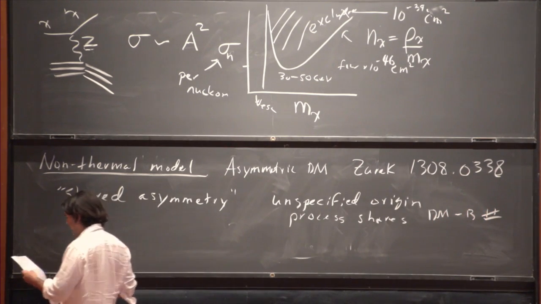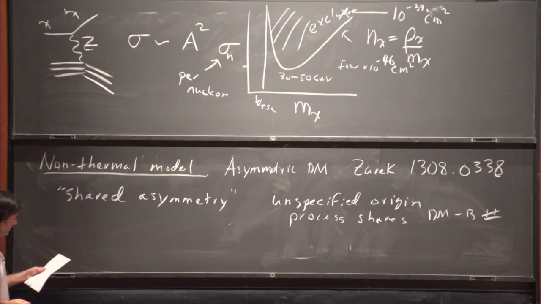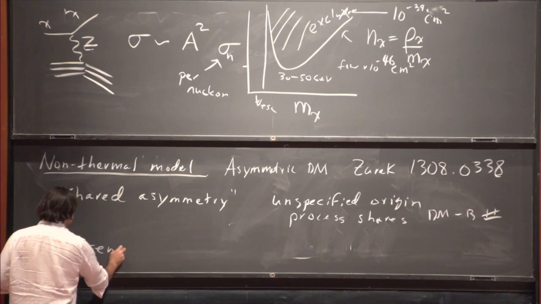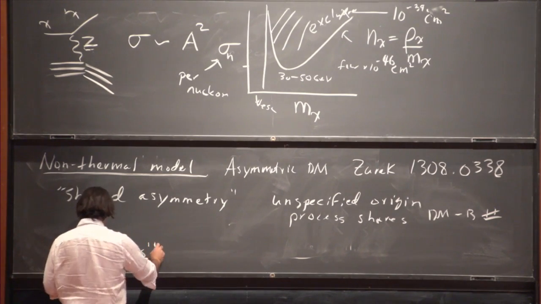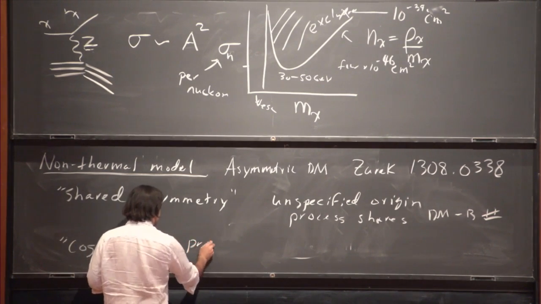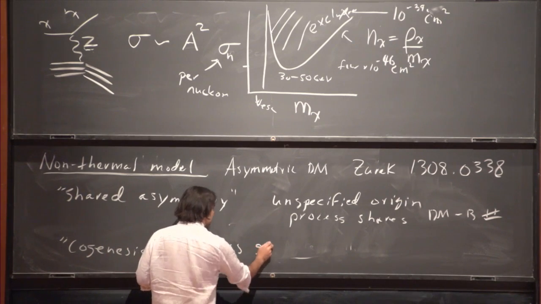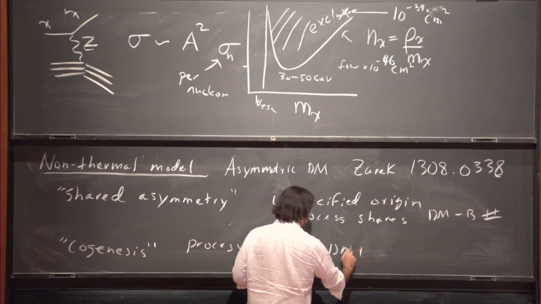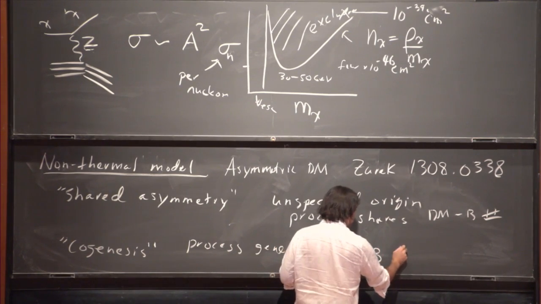And then there's a separate idea, which is cogenesis, which is where you have some process that generates dark matter and baryon number simultaneously.